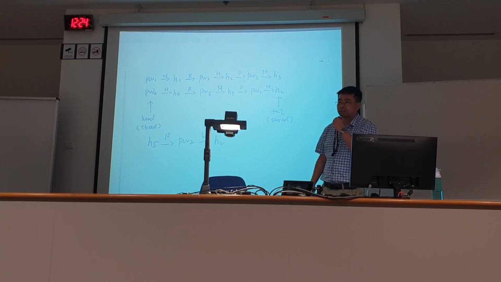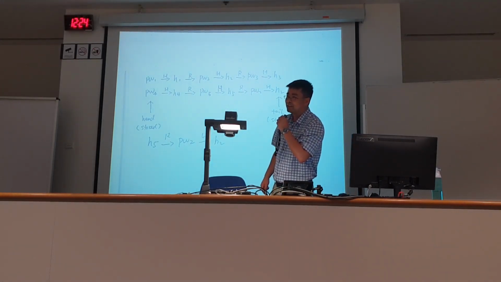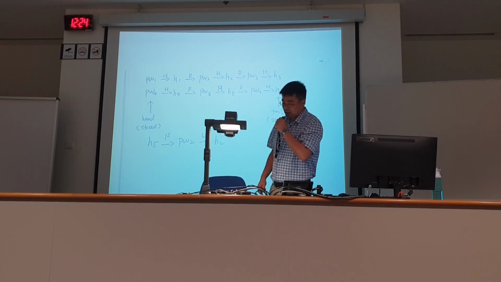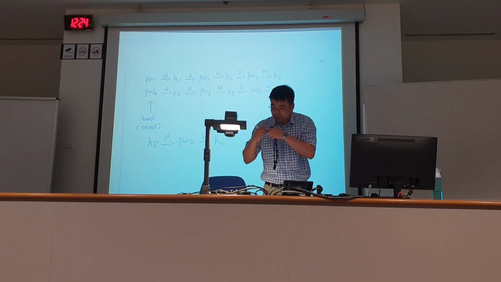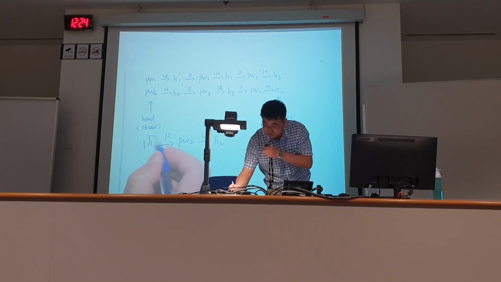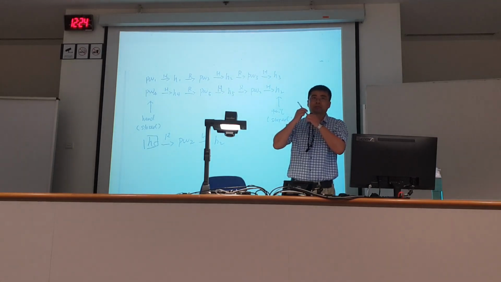If the hash goes back to password 2, this means password 2 is correct, right? So sorry, can you repeat? So this means password 2 is the correct password? No. In this case, this is the target you want to search. So you need to find the pre-image of H5.